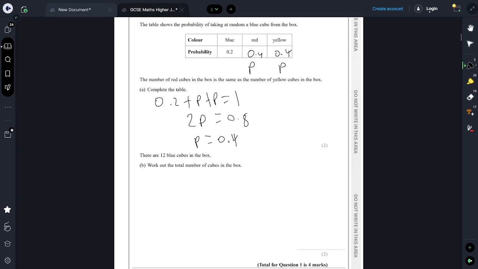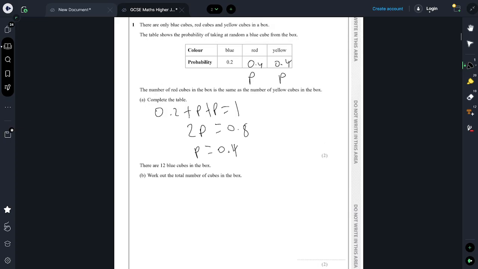Okay, so then it tells us there are 12 blue cubes in the box. So what does probability mean generally?